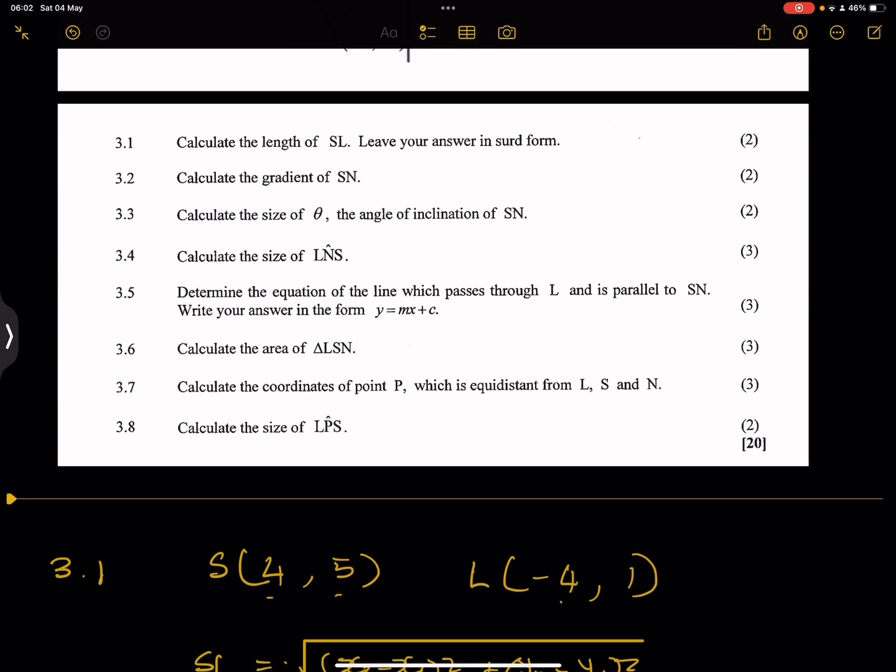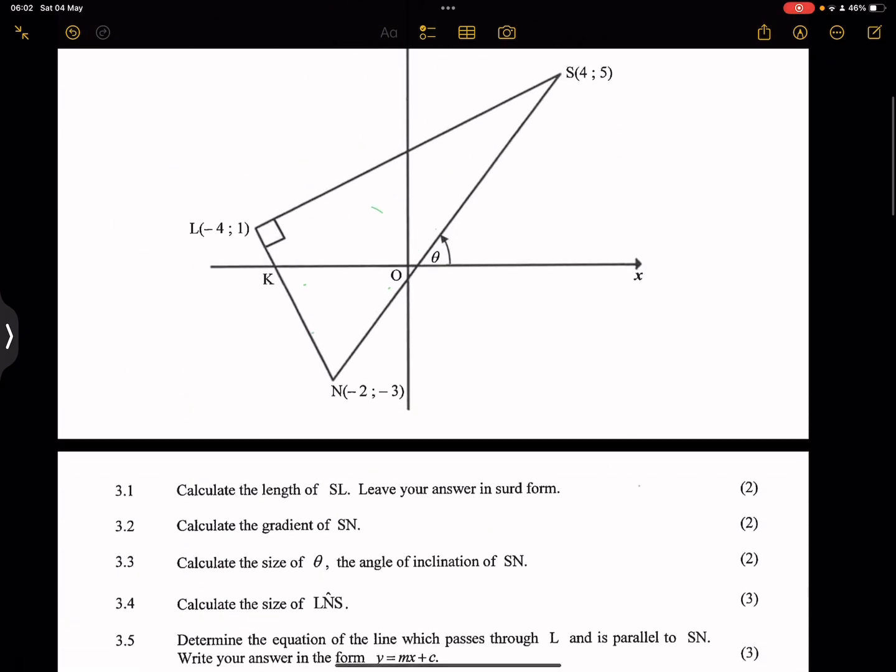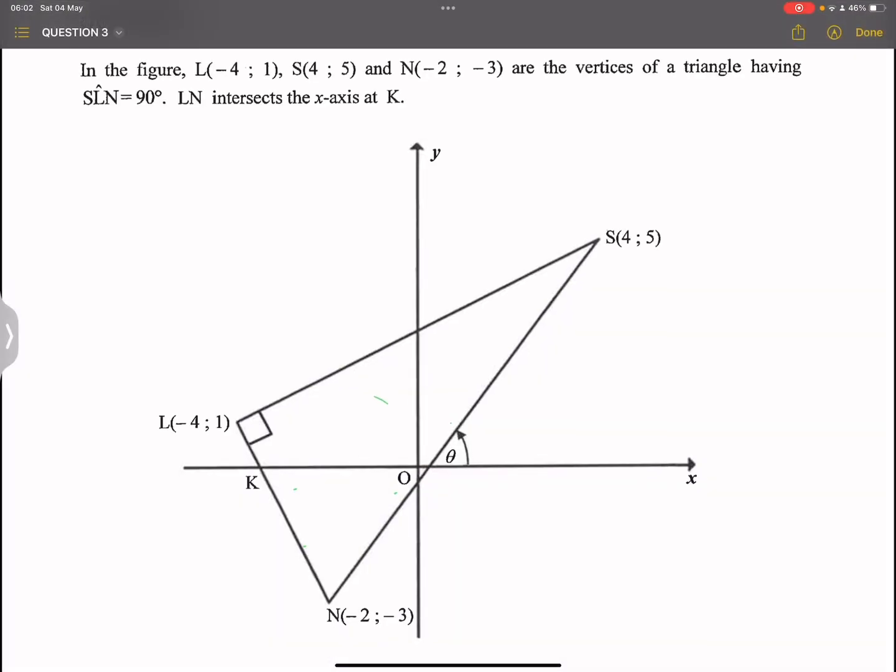Right, and then they say we have to find the area of triangle LSN. Right, so the area of that entire triangle, right? So in this case, this is a 90-degree triangle, right? What we can do is that we already have the length of, let's see.